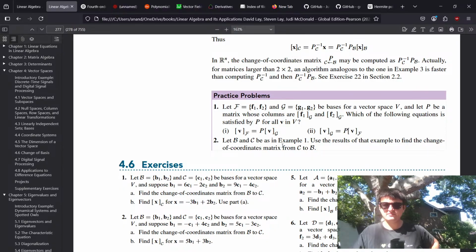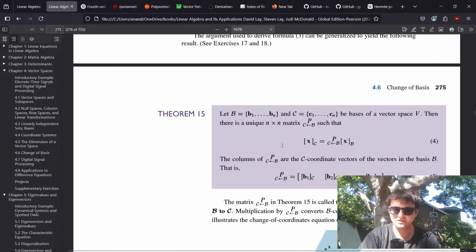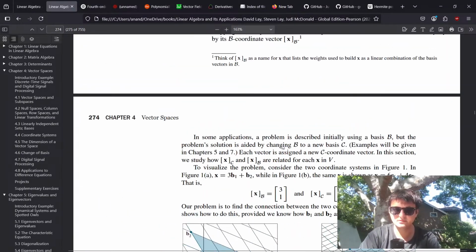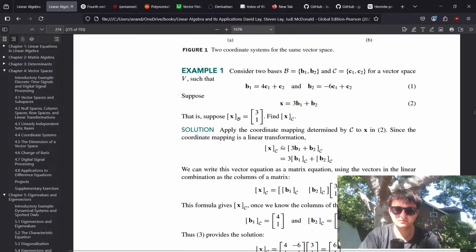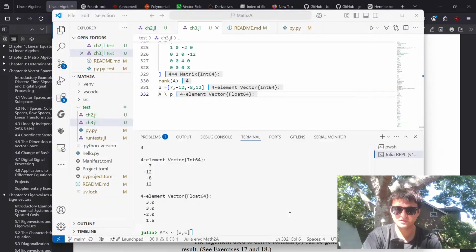Problem 2: let B and C be as in example 1. Use the results to find the coordinates from C to B. We'll just do that with an inverse. So where's example 1? Okay, so we have the matrix (4, minus 6; 1, 1). So we're just going to invert that matrix.